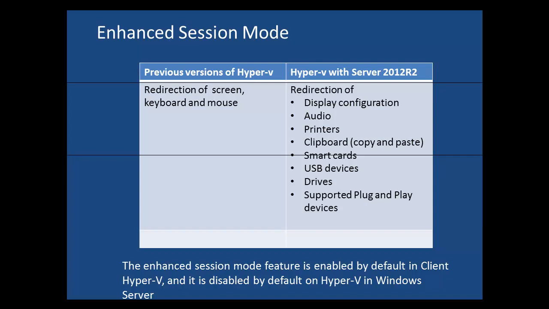One, the virtual Hyper-V session, where you can only use the screen, the keyboard, and the mouse. Then on the right-hand side, you have Server 2012 R2, where you now are able to redirect a whole set of things. Example, audio, printers, clipboard, which is copy and paste, smart cards, USB devices, drives, and so on.